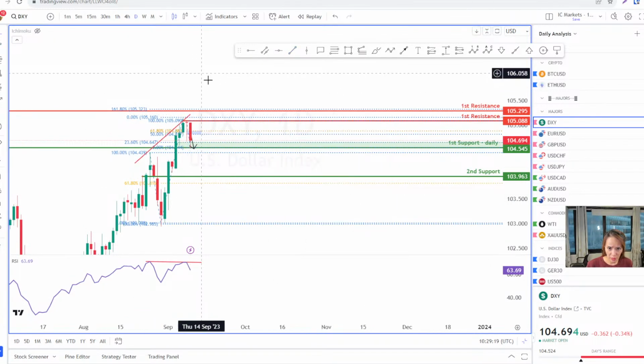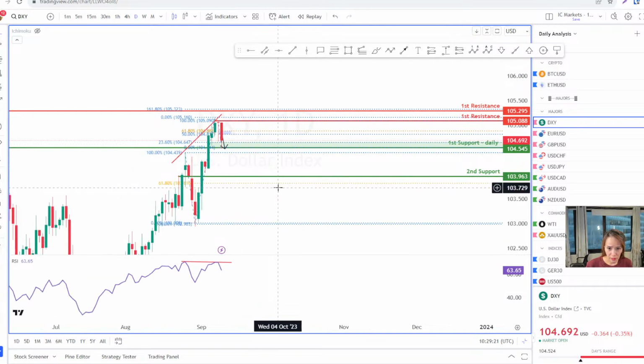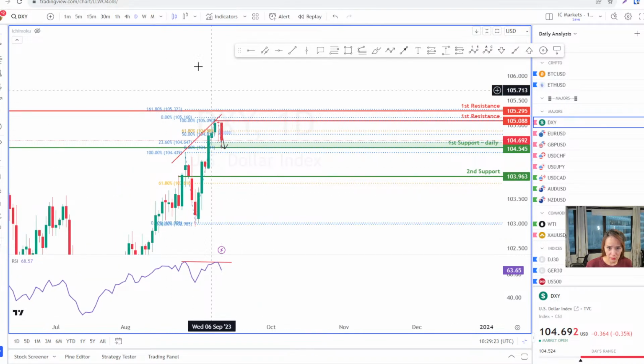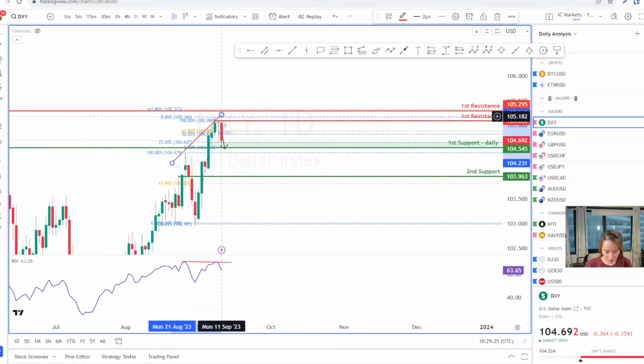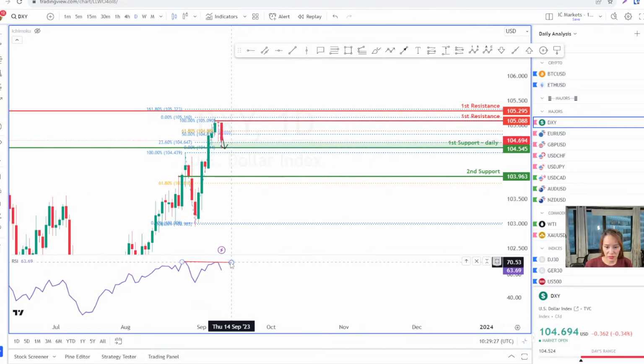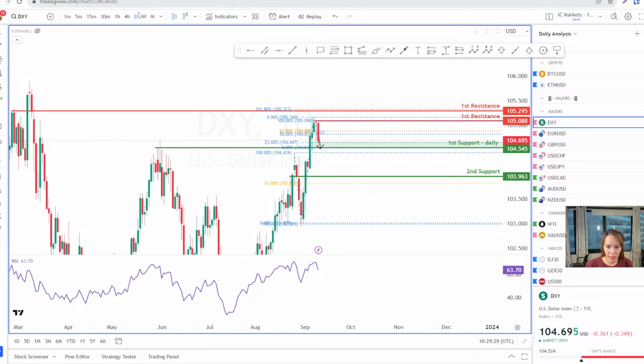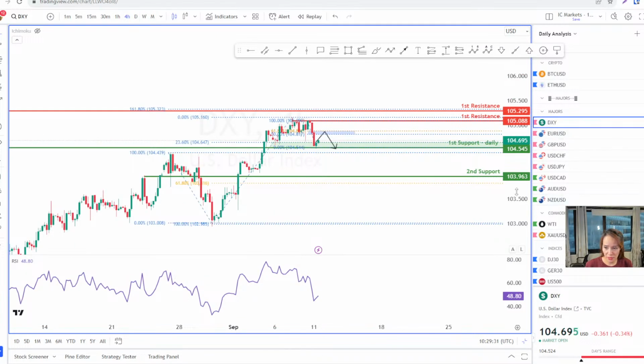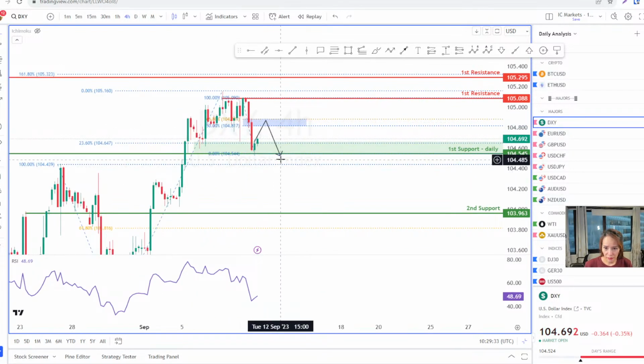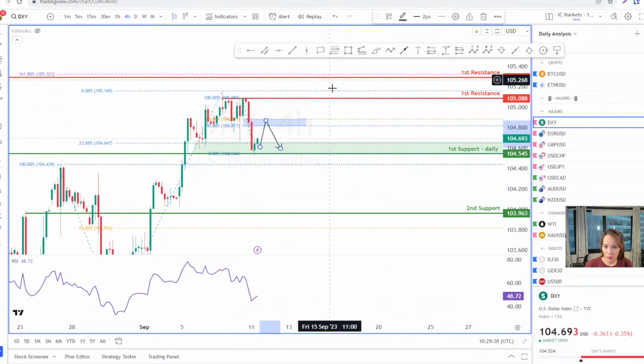I think it might come down more. Okay, we will see here. But it's already at a resistance. It's just that price has come down and is testing the first support level, this one.